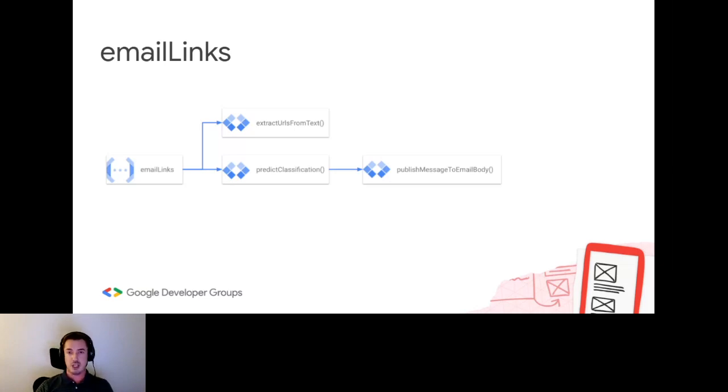Why is that important? Well, we know that our URL model is in its early stages. So when we send a URL over and get it back, we might get a false positive. That can happen, right?